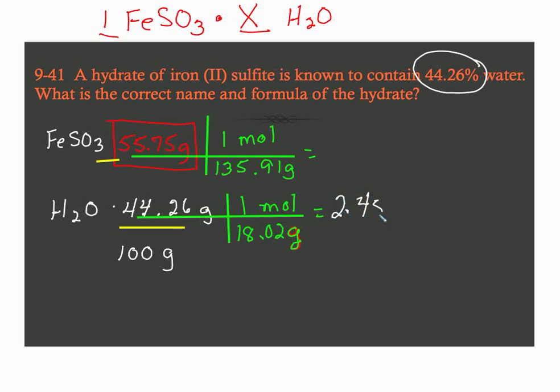Okay, so I get 2.456 moles of water and 0.4102. Don't round. It's just like what we did before. You want at least 4 values. Remember, if you didn't get the salt to be the smallest, we have a problem here.